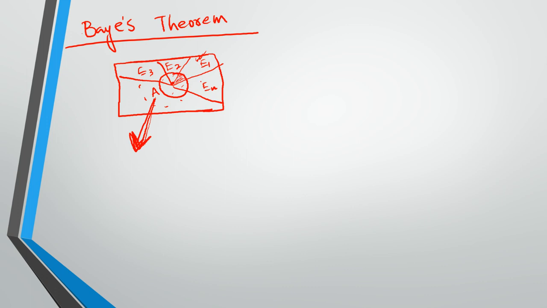That is the crux of Bayes theorem. So basically, I am trying to say what is the probability of E1 given A. Now I'm saying A has occurred. What is the probability of E1? That is this much portion.